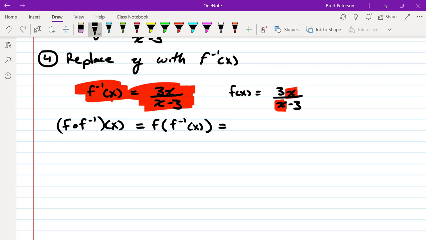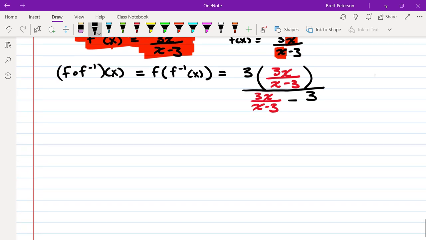So then f of f inverse is going to be 3 times, I replace x with what it's equal to, which is 3x all over x minus 3, divided by, and then I have x minus 3, so I'm going to get 3x all over x minus 3, take away 3.